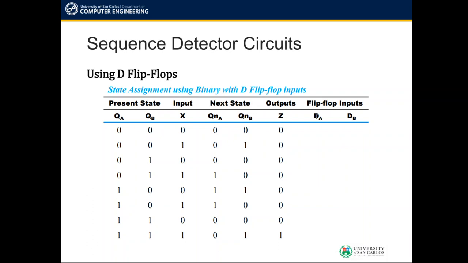Since we are using D flip-flops for our circuit, based on the state equation for your D flip-flop, D is just equivalent to your Q N, or the next state Q. So in this case, we just copy the values in the Q next to your D values.